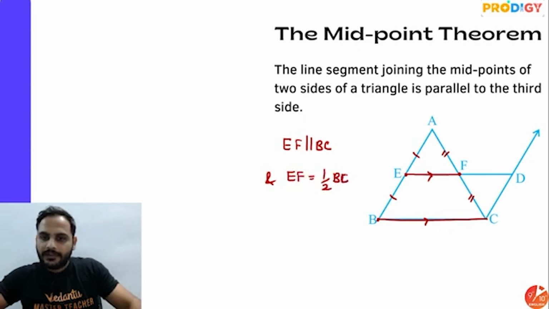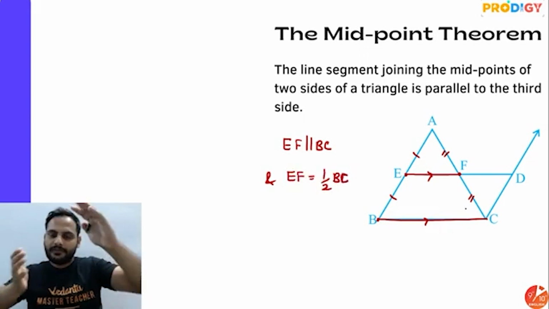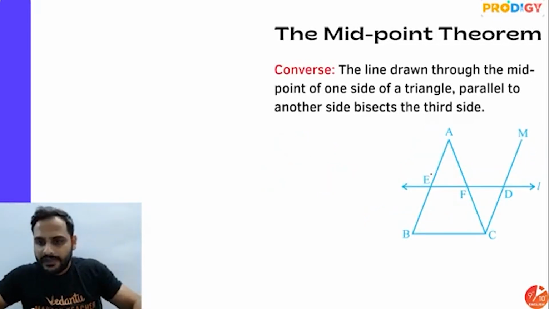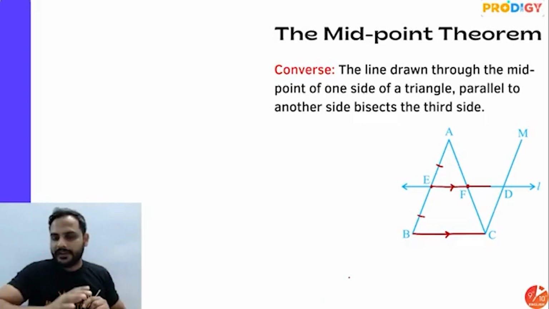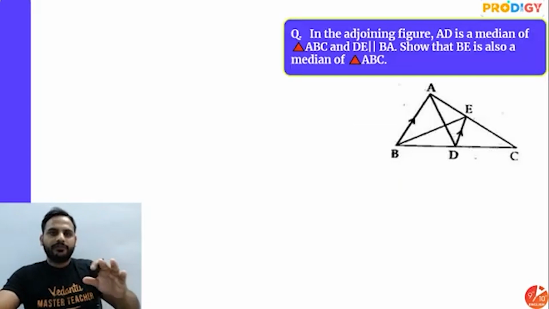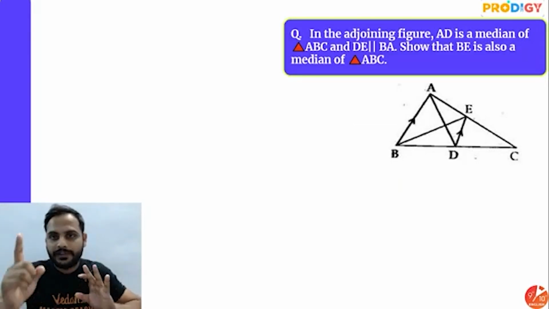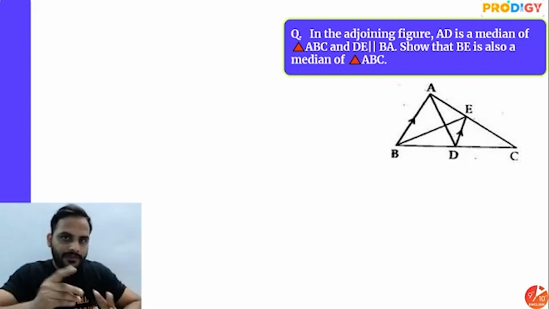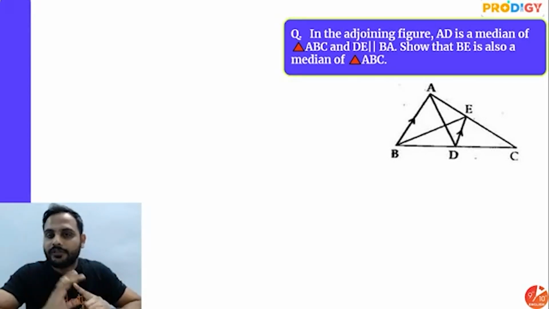The converse of it is: suppose E is the midpoint and through E I draw a line parallel to BC, then this line will intersect the third side at its midpoint. This line will be bisecting the third side. The proofs of these two theorems I have already discussed in the second session, both the theorem MPT and its converse. So go through that if you want to see the proofs.